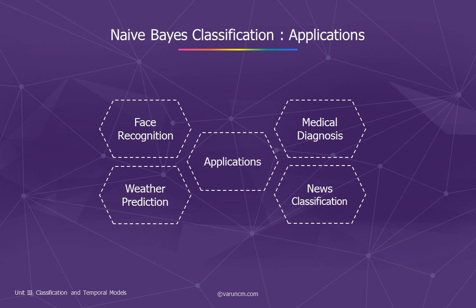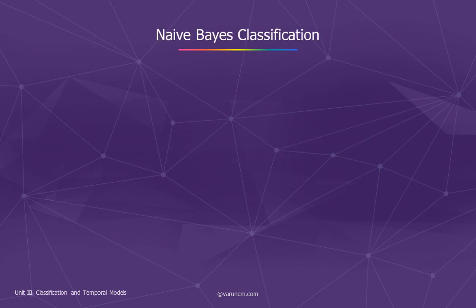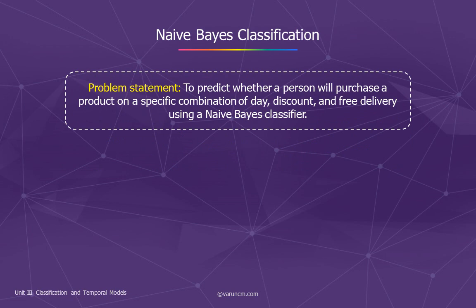These are the major areas or applications where we can use this Naïve Bayes classification mechanism. Based on the Bayes theorem, the Naïve Bayes classifier gives the conditional probability of any event A given the occurrence of event B. So let us look into how it works.